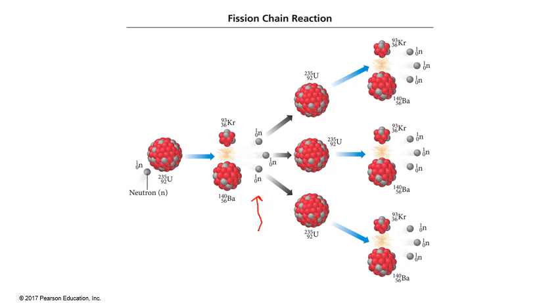Those 3 new neutrons are able to go and interact with the next uranium and produce even more neutrons, and we get this cascade effect where we are continually increasing our reaction, producing a chain reaction.